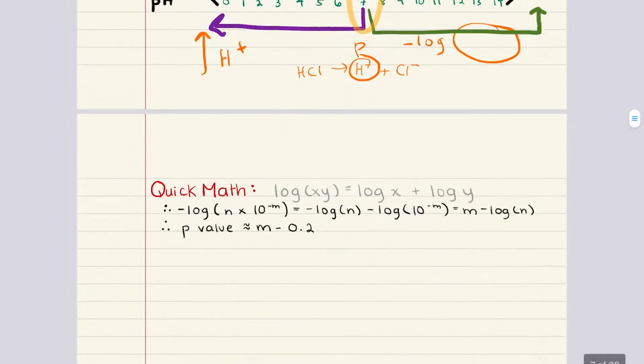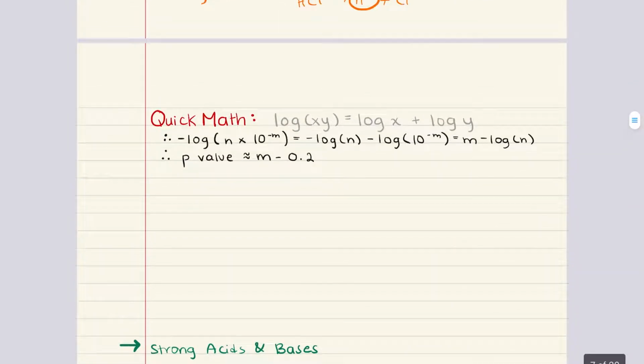Now, something that students find difficult to do on the MCAT is carrying out calculations and conversions with pH, pOH, pKa, and pKb. So let's cover a couple of tips and tricks to help us do calculations without a calculator. We're going to start off with something that is easy. When the original value is a power of 10, then the operation is straightforward.